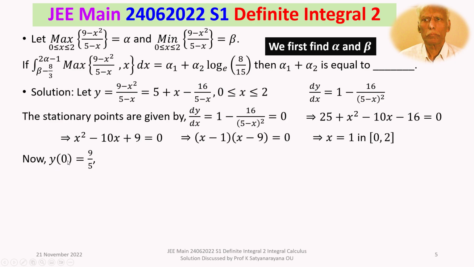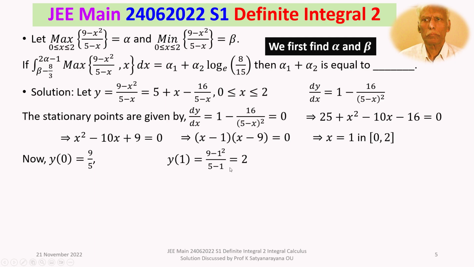Now y at 0, that is x is equal to 0, if you put it, is 9 by 5, and the value of y at x is equal to 1, at the critical point, is 2. So what are we observing? y at 0 is 9 by 5, something like 1.8, and this is 2, so that means it is increasing.